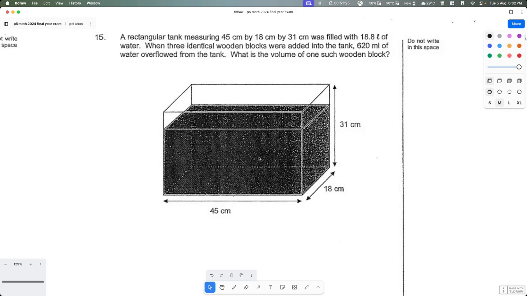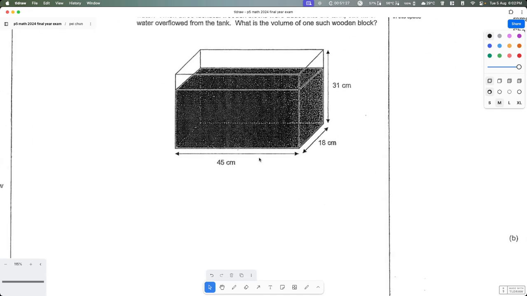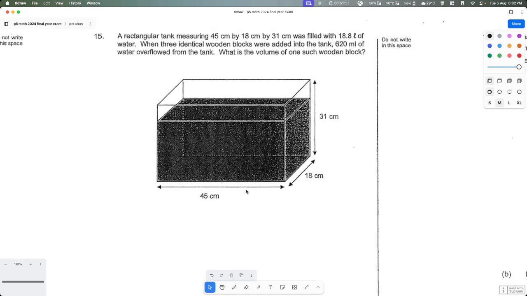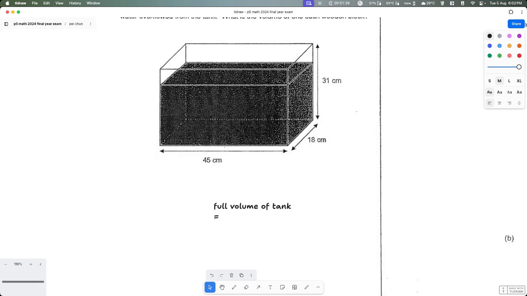Okay. So now we need to know what is the full capacity. The full volume of the tank is equal to length times breadth times height, right? So for me, I always like to put this down. It's a good refresher. 45 times 18, right? Times 31.